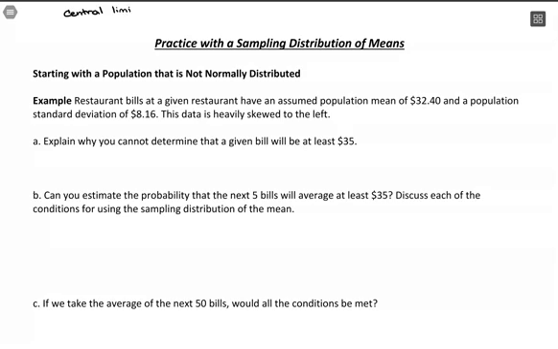Central limit theorem, which, with the central limit theorem, you just want to refer to independence, randomization, and sample size.